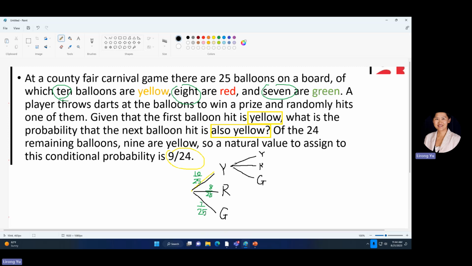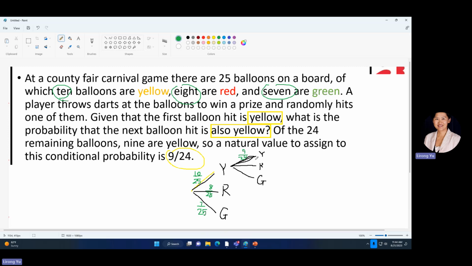So this line is our question. Assuming the first one is yellow, how many balloons do we have? We only have 24 balloons. So the denominator will be 24 instead of 25. And the numerator, since we hit a yellow balloon, we only have 9 of the original 10 yellow balloons, so it should be 9/24.